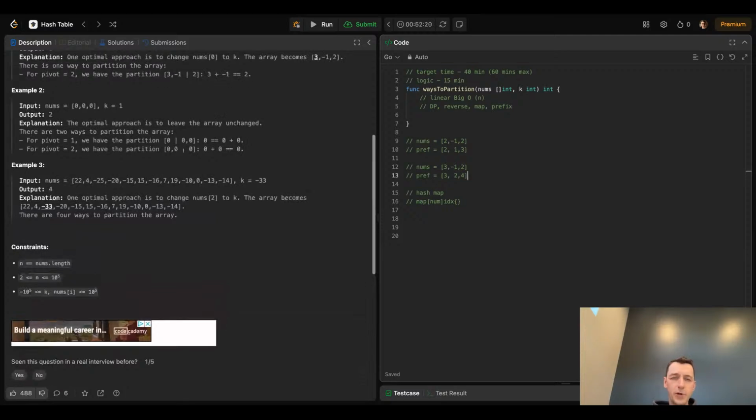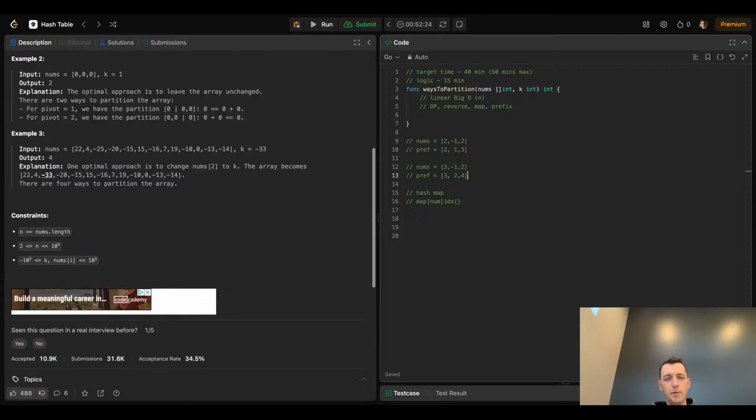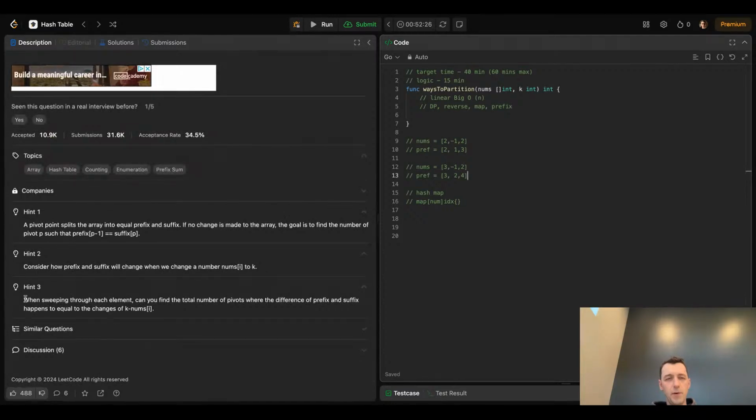It's a bit more tricky to intuitively figure this out. I mean, we were pretty close. If I was thinking in this prefix and suffix logic, comparing them, it's still a little bit tricky.